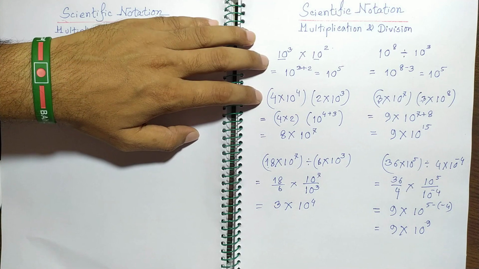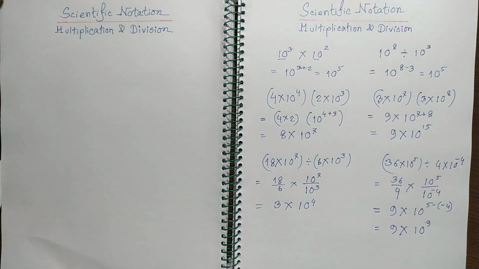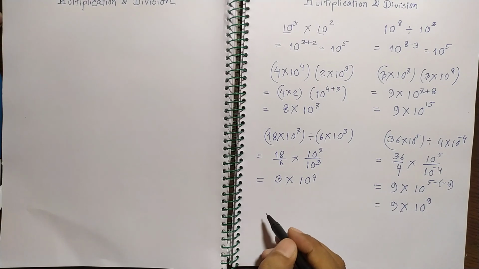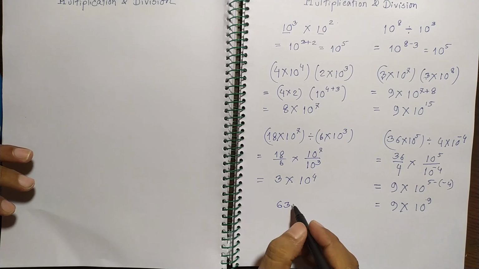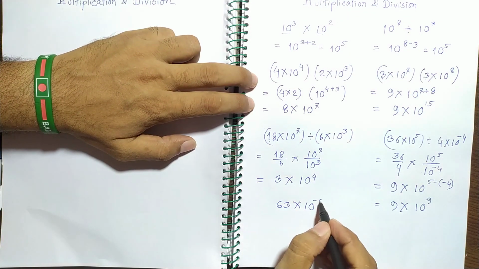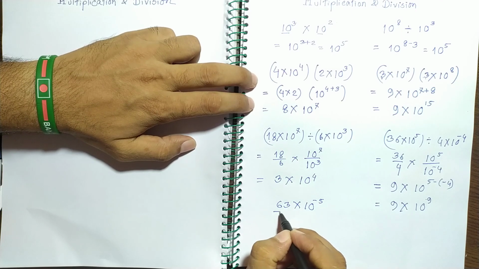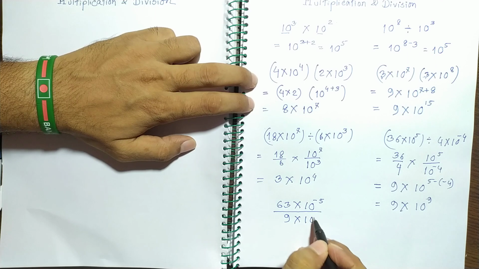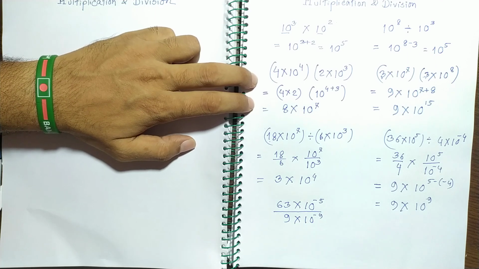Okay, so simple. In another case, suppose I do 63 times 10 to the power minus 5 divided by 9 times 10 to the power minus 9, what would be the result?